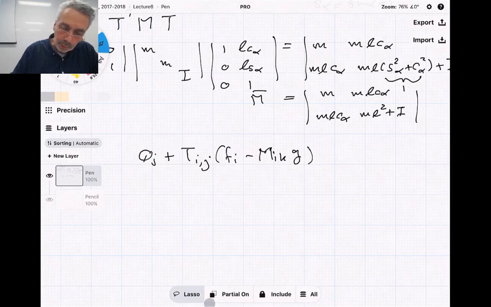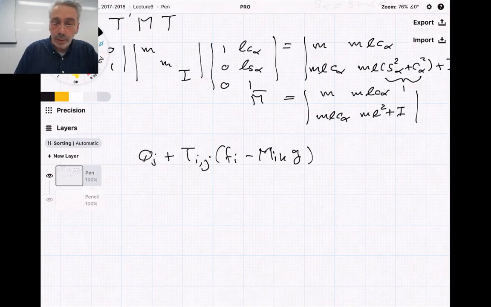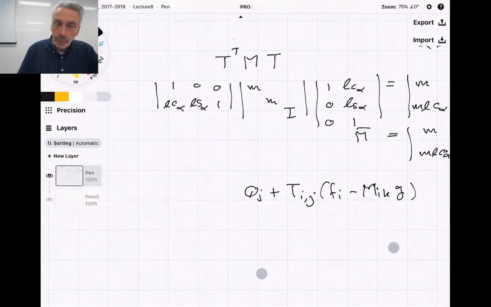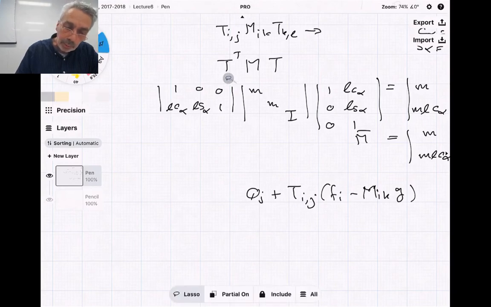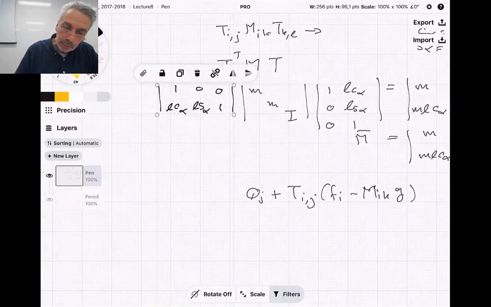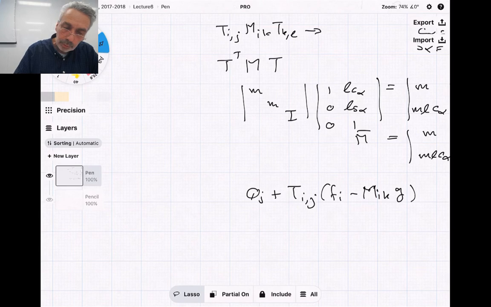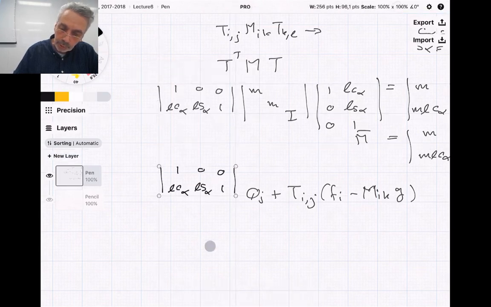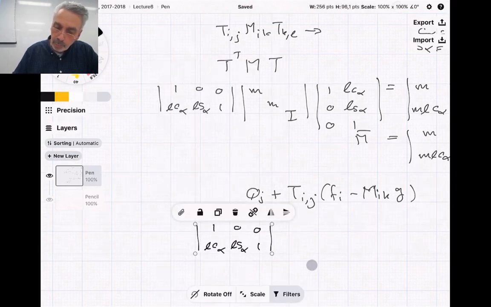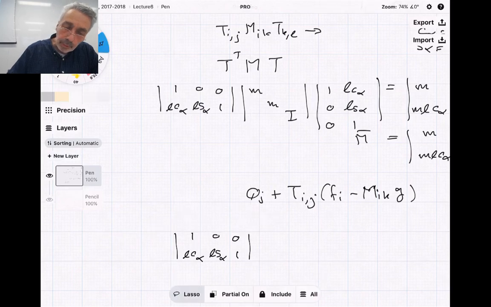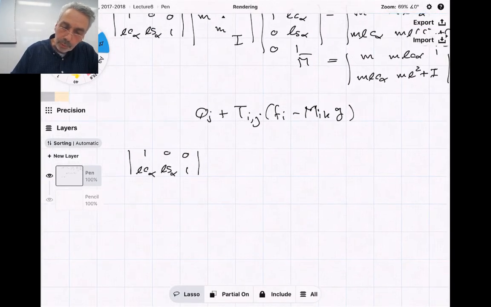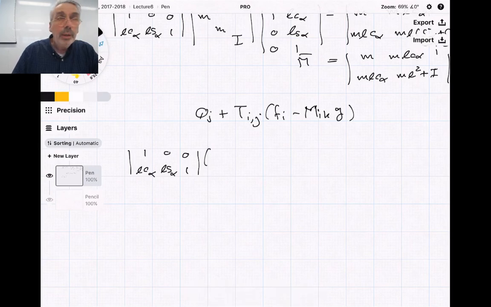That's an interesting part. So let's write again this Jacobian. But remember, we need to transpose. So we need this guy, right? To transpose with this Jacobian. So undo. And this. So this guy we need. And then what else? Well, we need to multiply that with the applied forces.